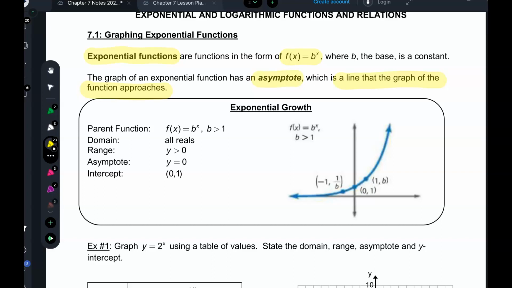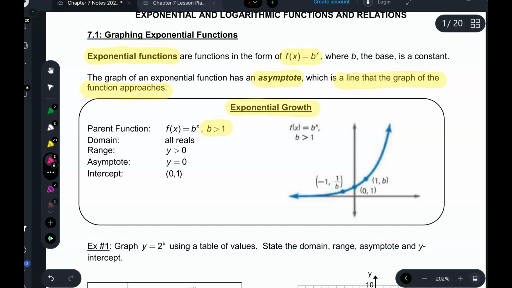So here's our basic exponential growth. Why do we think we call it growth? It gets bigger and bigger. As we go to the right, it's going to get exponentially larger. So this is an example where you see that the bottom line doesn't actually touch.